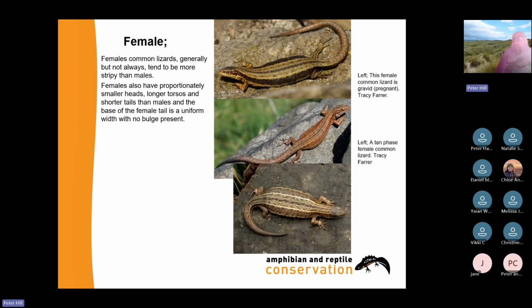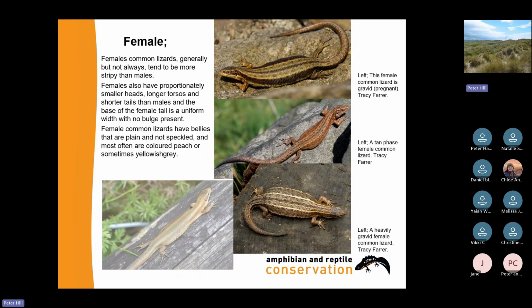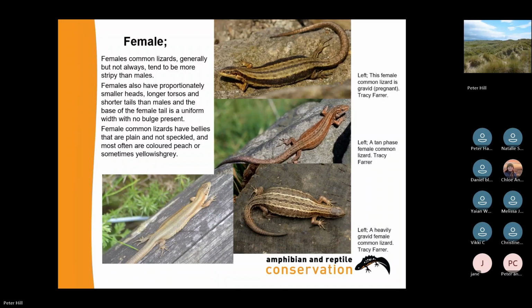Here's another heavily gravid female. Okay, you see all the same features there as described. Their bellies are different. Bellies tend to be plain, more often than not, a kind of peach color, sometimes a grayish pale yellow color, but more often than not peach.